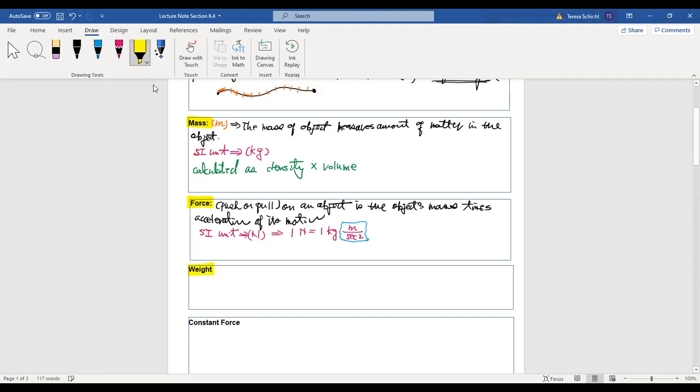Then what is the weight? Weight is a special force, and the weight is due to the Earth's gravity.